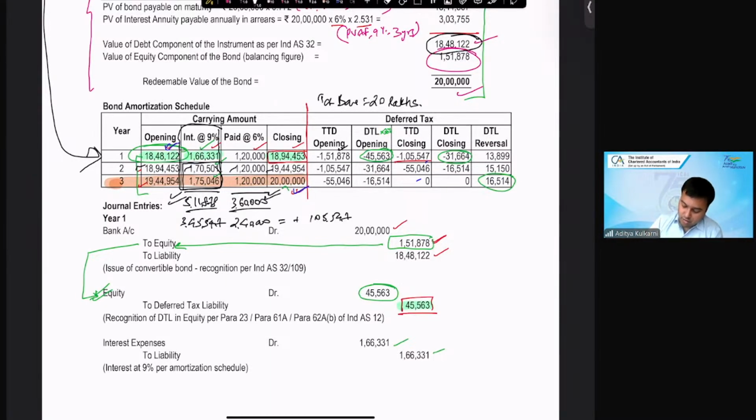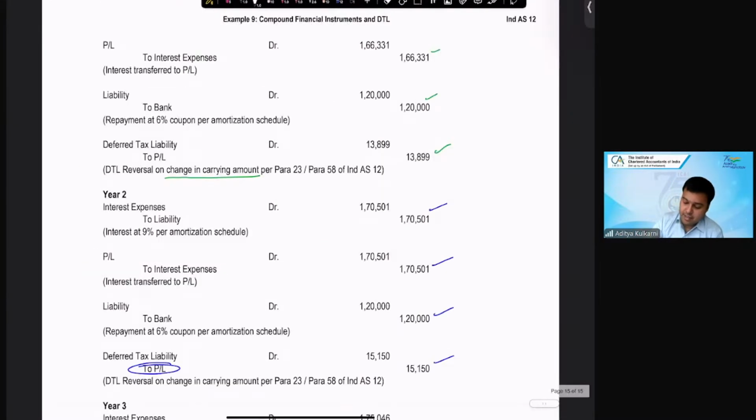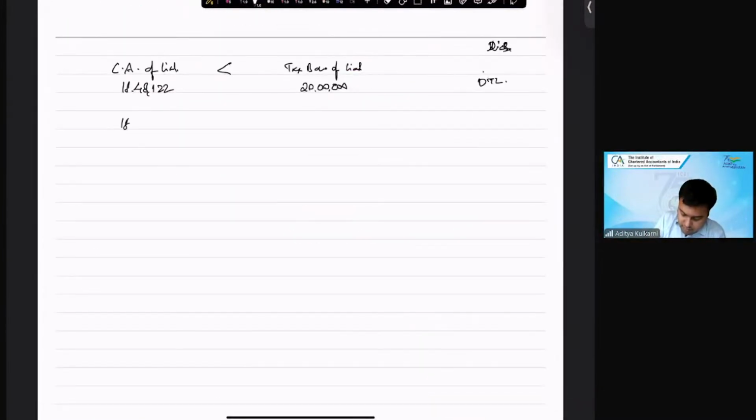Closing is 18,94,453. This figure against 20 lakhs.